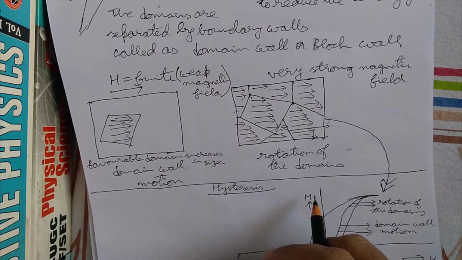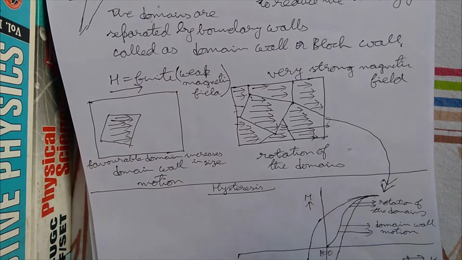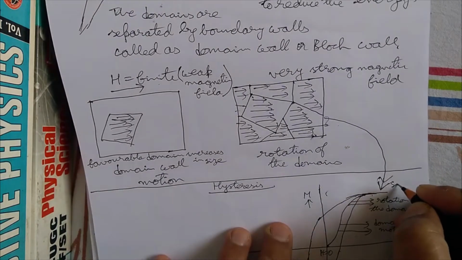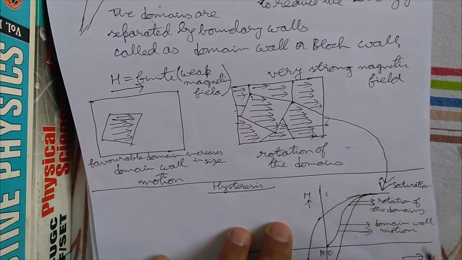After this, if you increase the magnetic field more, the magnetization will not increase, it will be the same. Because you have got saturation here. What do you mean by saturation?